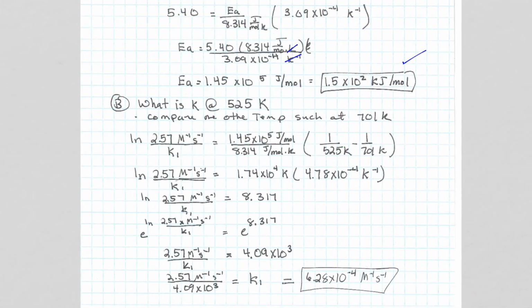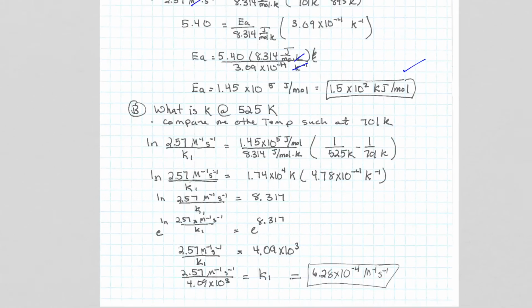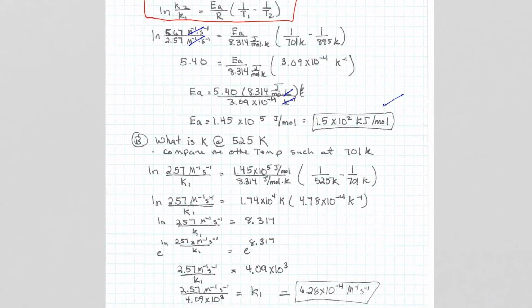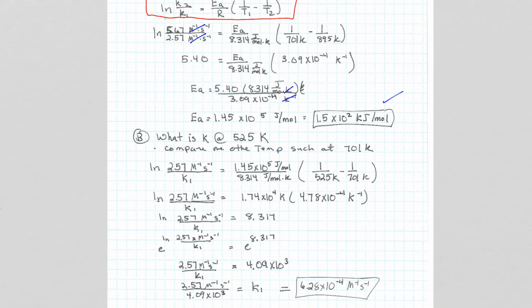So again, we have our two-point equation. We have our 2.57. So this is our 701, right? So this is going to be our T2. So we put our K2 here.